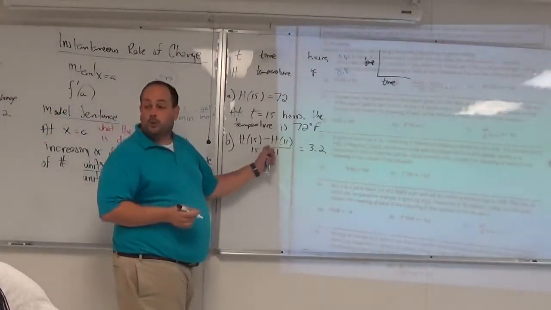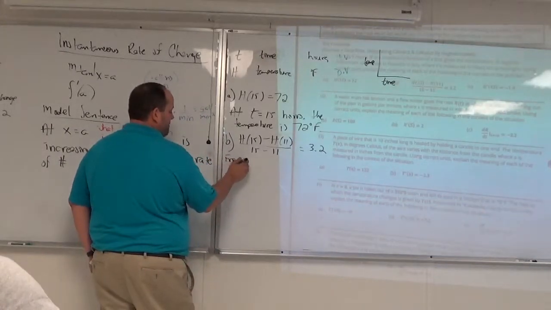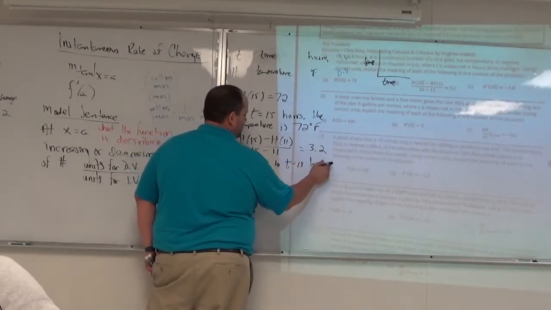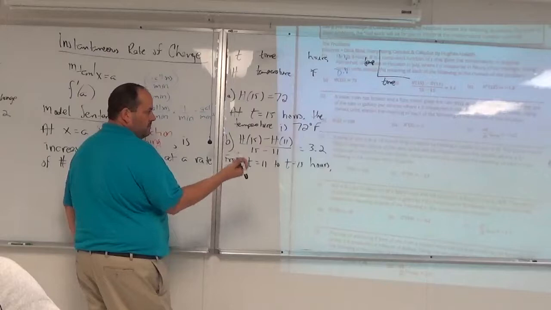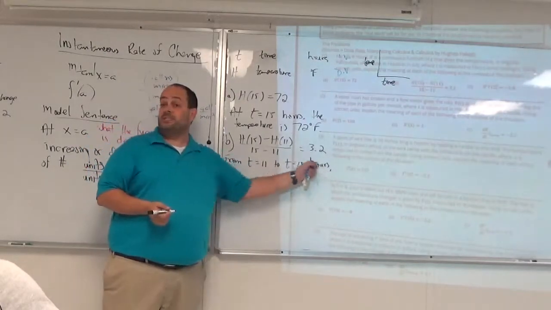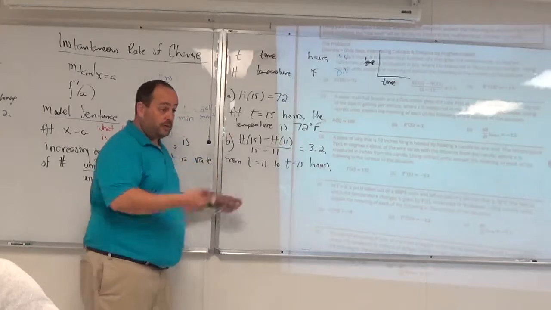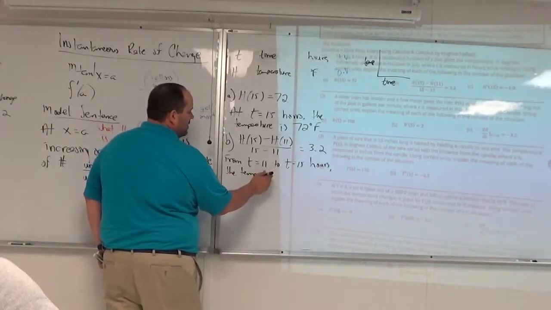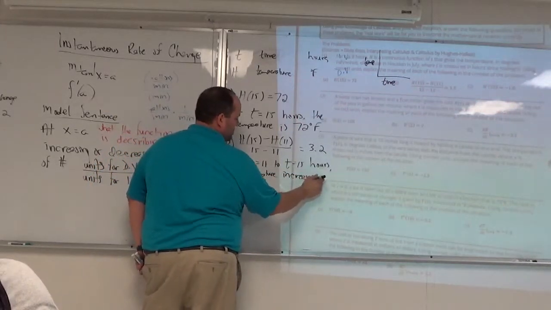This is like old school slope. This is average. So from t equals 11 to t equals 15 hours, what's happening? What's the function that I'm measuring? The temperature. What's the temperature doing? Increasing. The temperature increases, now be careful here.